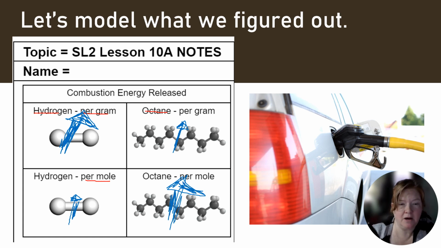Okay, so now what I'm going to do here, down here, the arrow equals, and I'm going to do this because when I look back at my notes later, I may not remember. So our model shows that hydrogen releases much more energy per gram, but octane releases much more energy per mole.